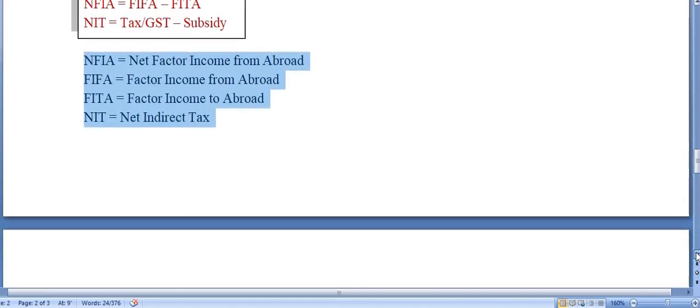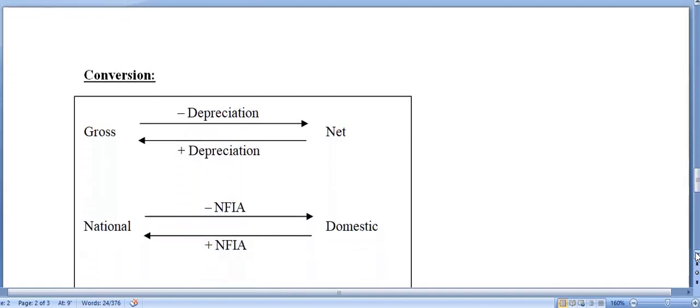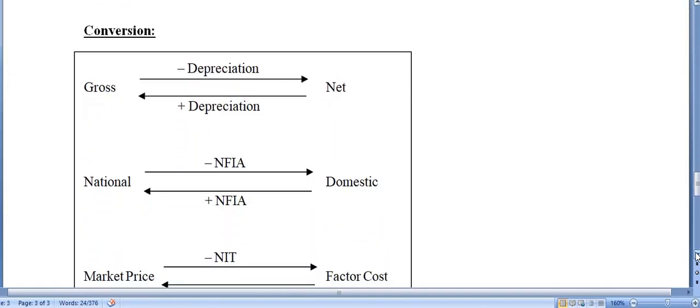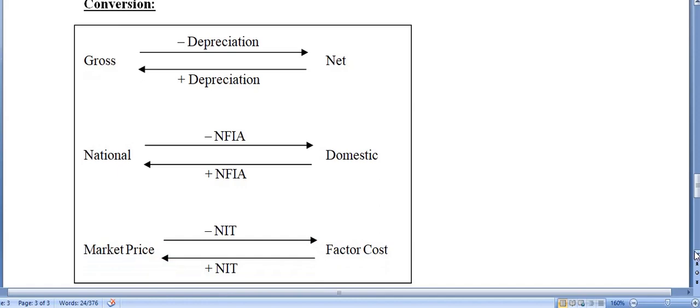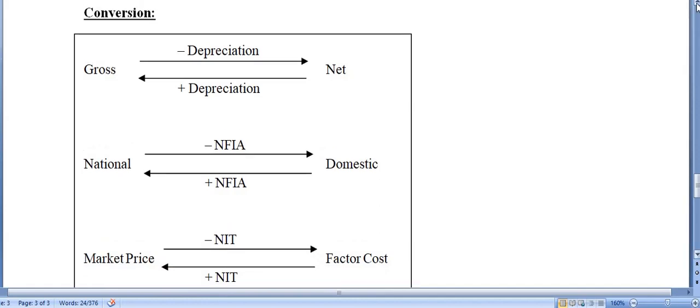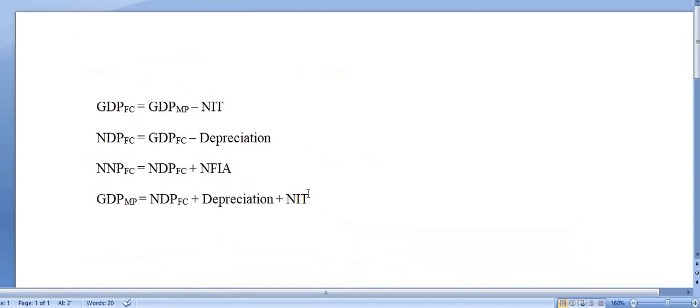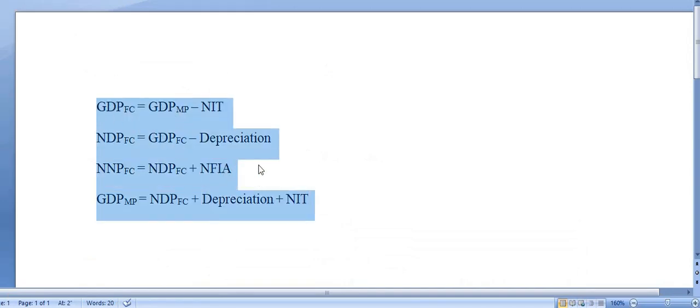Now I will show you the Brahmastra of this particular chapter. This is your Brahmastra, conversion. I was able to do this part very easily, wasn't I? How could I do so?